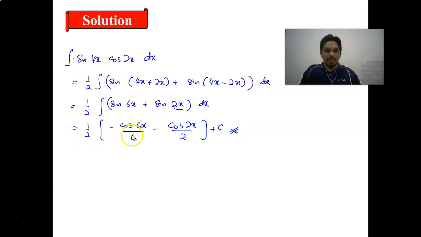Okay, you may expand it, multiply this 1 over 2 with every single term we have here, 1 by 1, expand it and simplify, or you may just leave it like this.